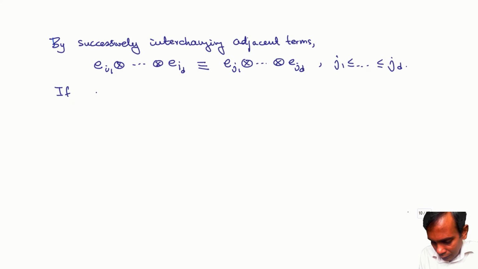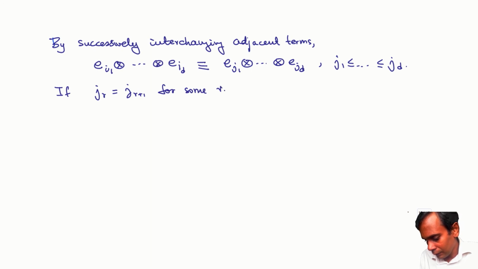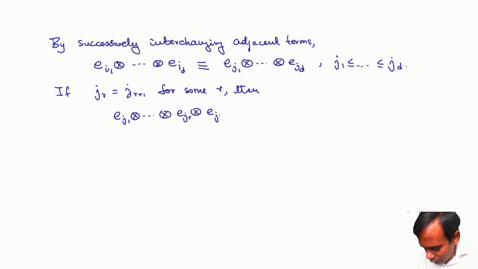If j_r is equal to j_(r+1) for some r, then we have e_j1 tensor through e_jr tensor e_j(r+1), which is also e_jr tensor e_jr, and then some other stuff.